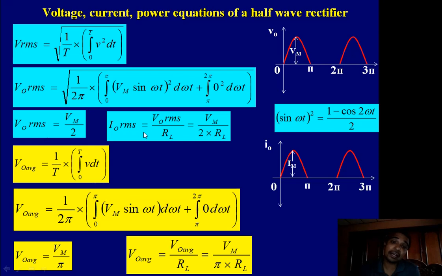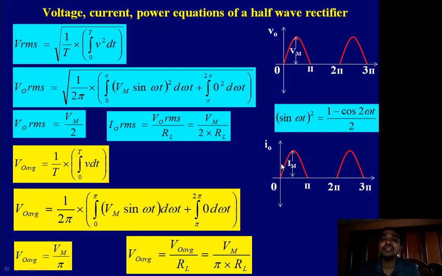The corresponding current will be just by Ohm's law, V naught RMS divided by resistance RL. Next, what is the average output voltage? Average means just the mean of all values, not squared values, all values of the signal. So you sum up all values 0, 1, 2, 3, 4, 5, 6.